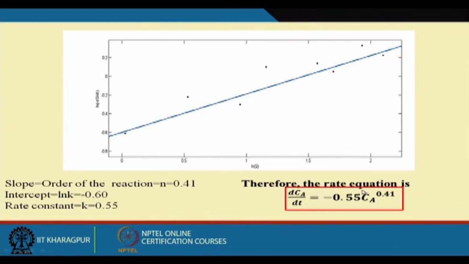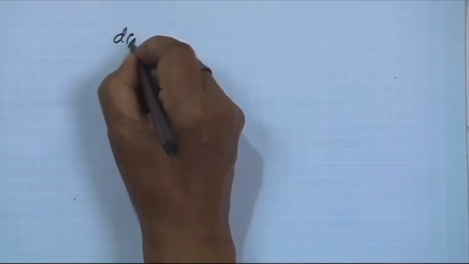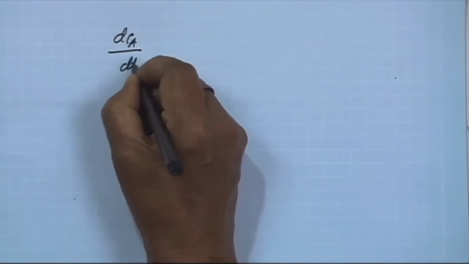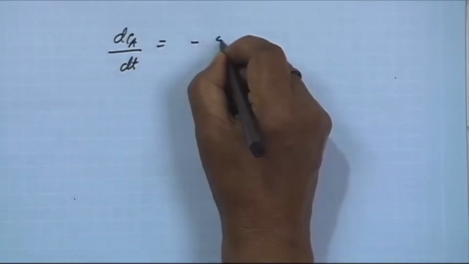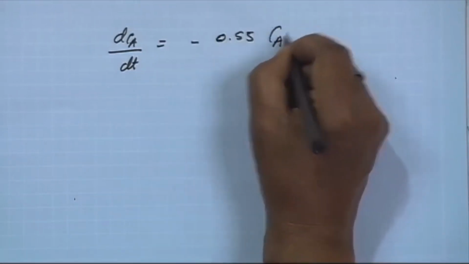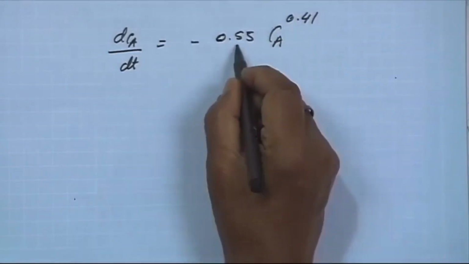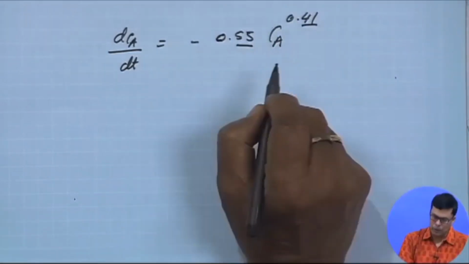Now I want to add a little bit here. Suppose this equation is coming like this: dCA by dt equal to minus 0.55 Ca to the power 0.41. Okay, so we get the value of K, we get the value of n.